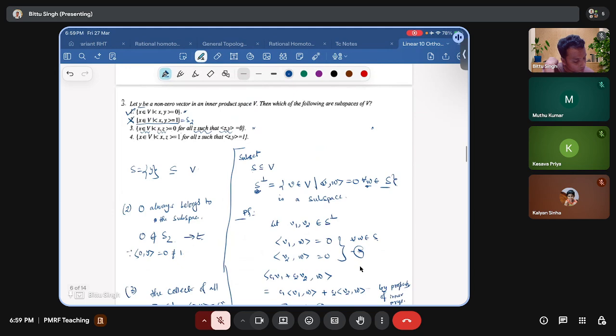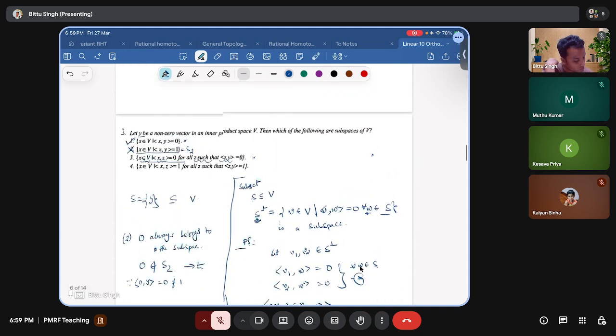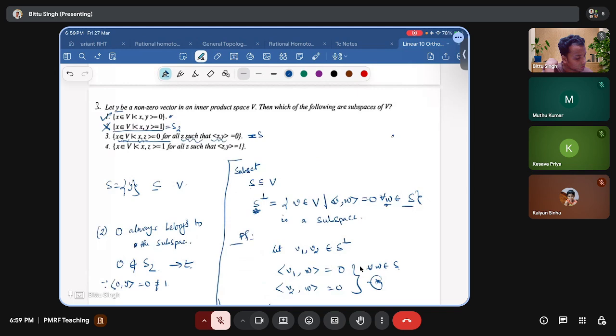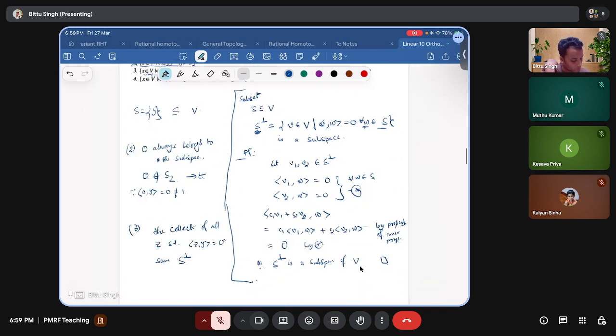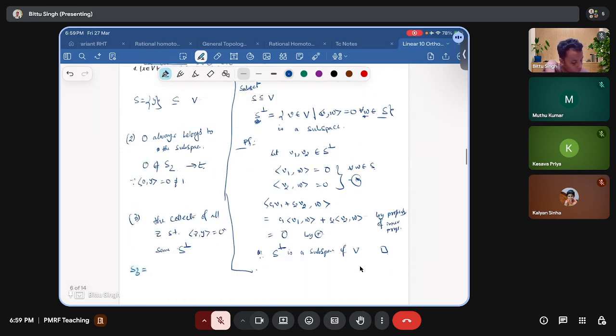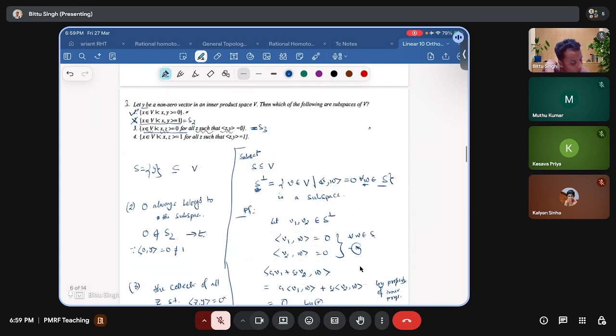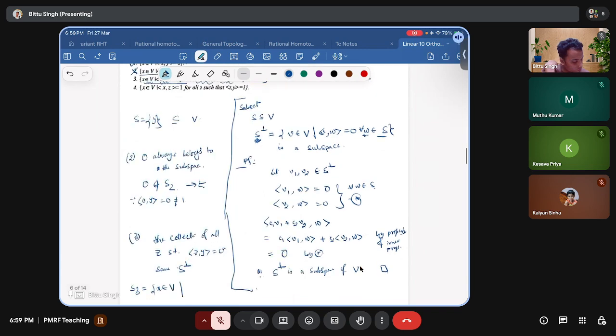Now we are taking all x belonging to V. Suppose this is S3. So S3 is all x belonging to V such that x inner product with z equal to 0.